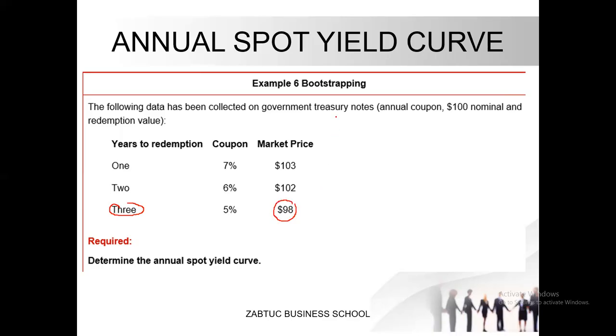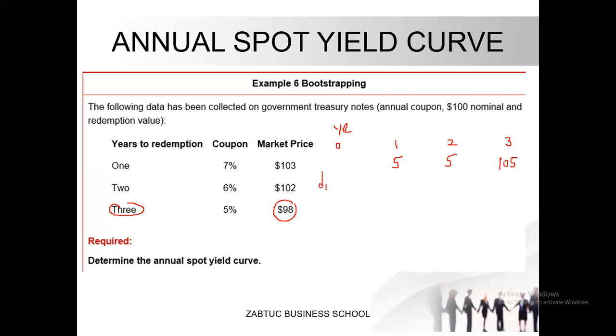Let's arrange the cash flows together. We've got year 0, year 1, year 2, and year 3. The cash flows are 5, 5, and 105.